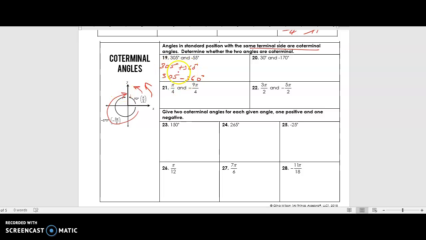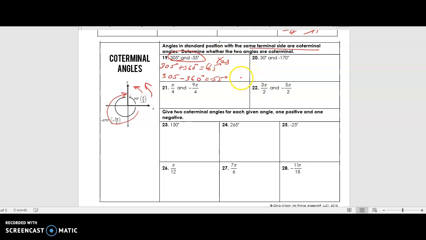So 360 degrees or negative 360 degrees, they represent the same terminal side of the angle. If we add 360 degrees here, you'll get 665, that's fine. But when you subtract, you'll get negative 55, isn't it? So one of them is negative 55, so we are good to go.